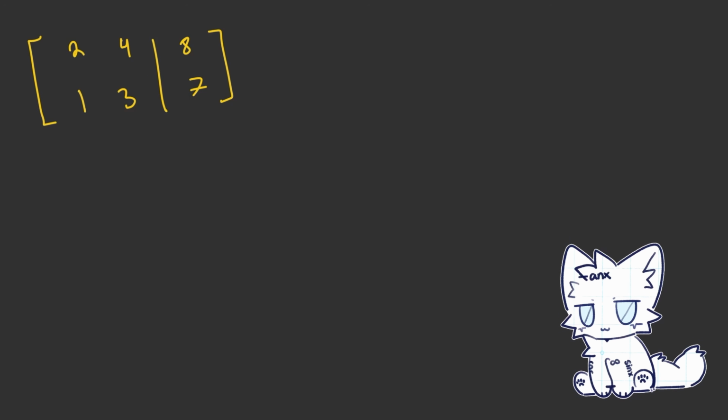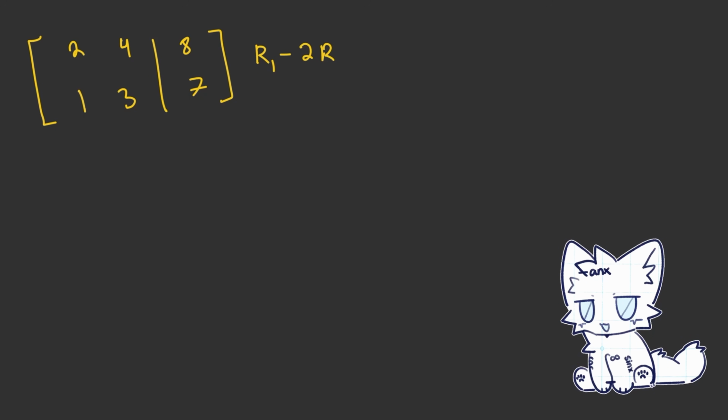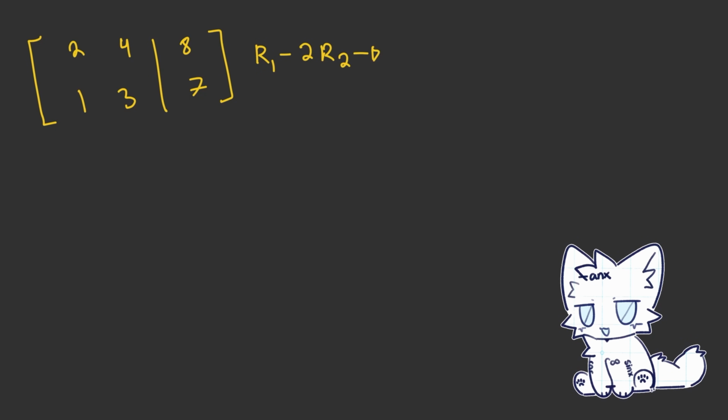Okay? So let's get rid of this second row here. Let's start by multiplying the bottom row by -2. So row 1 minus 2 row 2 is equal to the new row 2.